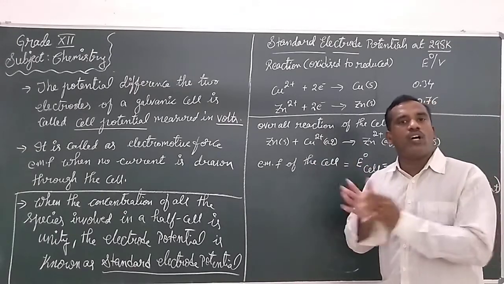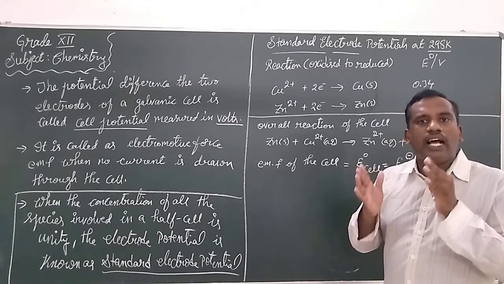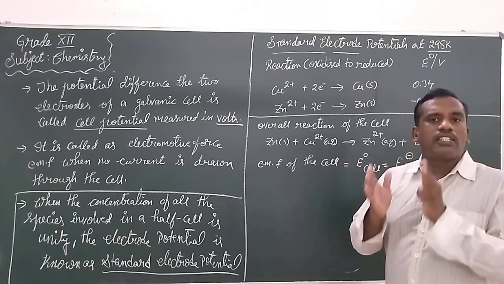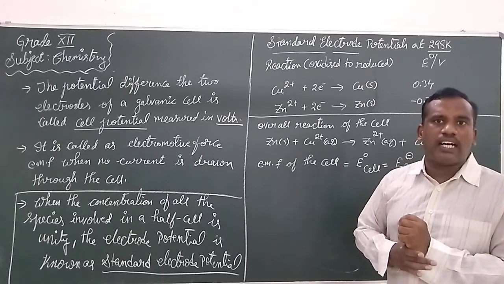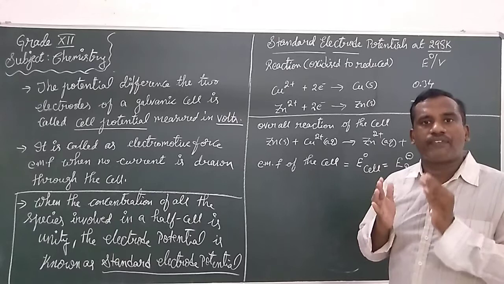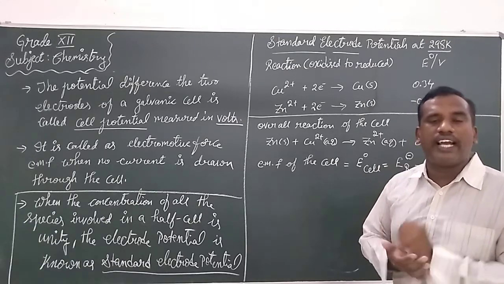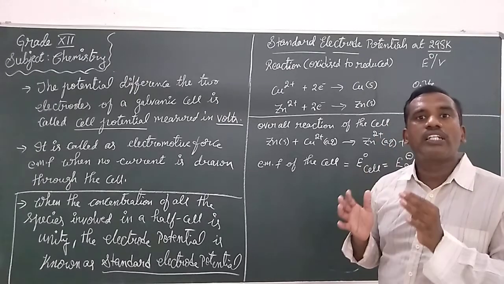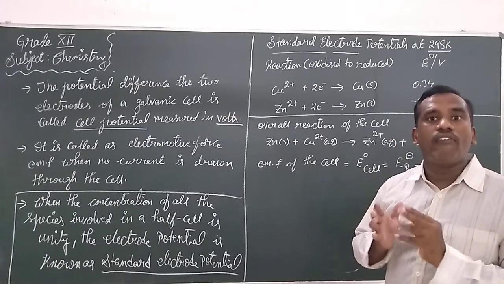So at these two electrodes, now we are comparing the potential that is developed between the two electrodes. It is called the cell potential. The potential difference that is developed at the two electrodes in the Daniell cell, we are calling the overall cell potential. It is measured in volts.